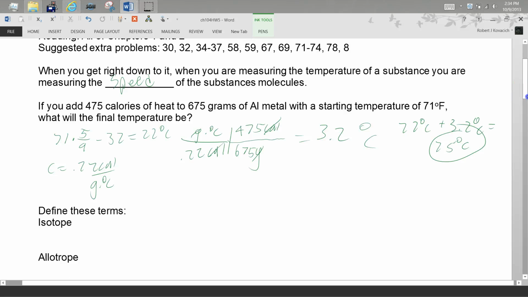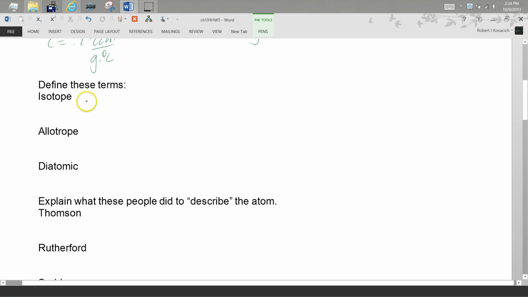Do we have a definition for an isotope? All atoms of the same element have equal numbers of protons. That's not enough info. Say again? Okay. How about same number of what?